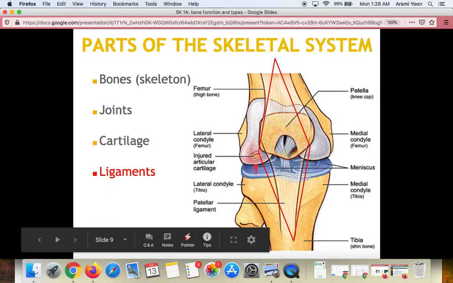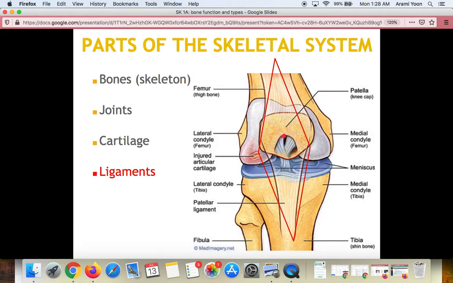And then you would have additional ligaments in other places. Like here, you'll notice that the patella, which is the kneecap bone, part of it has been cut away in this particular model, just so that you can see that there are additional tendons on the inside of the patellar bone that connect and anchor the bones at this joint.